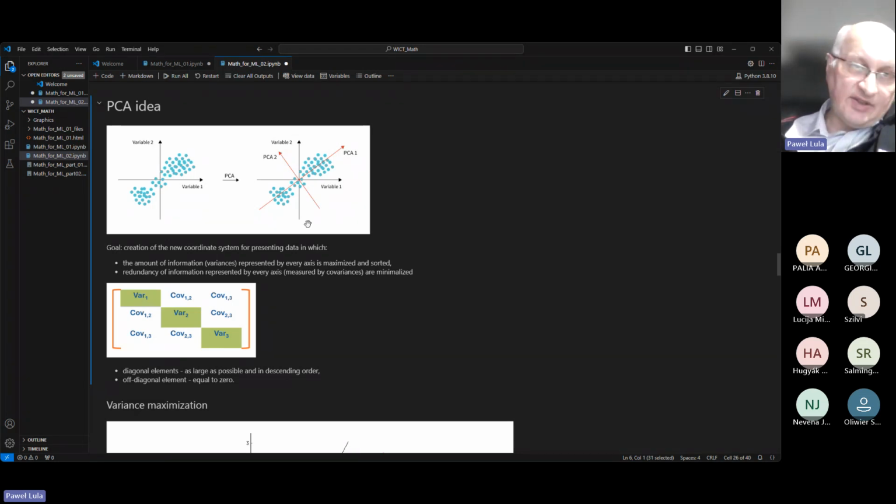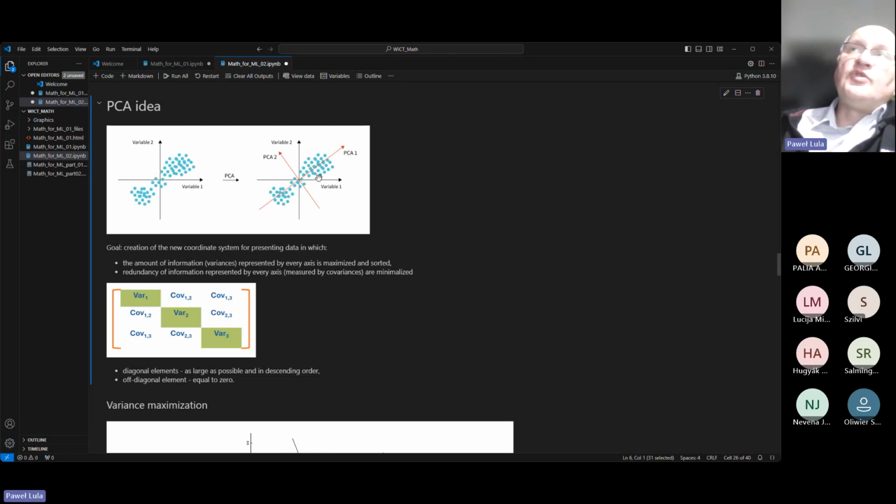We have new coordinate system. And we know that the importance of every variable, which corresponds to every axis, is defined by the variance, which is calculated for projections of points on this axis. And because we have our eigenvalues in descending order, we know also that these variances are in descending order.